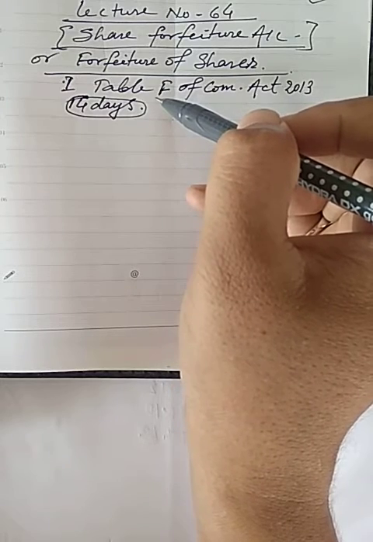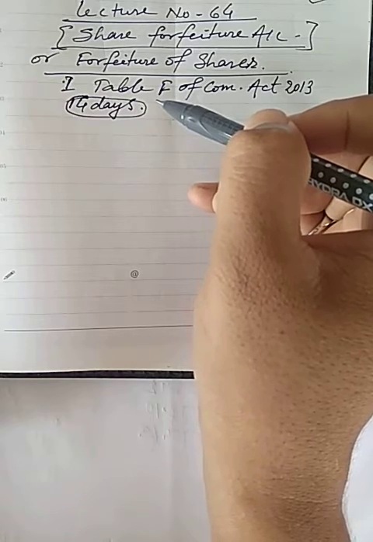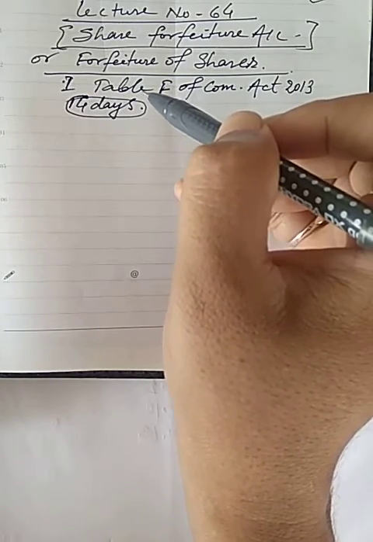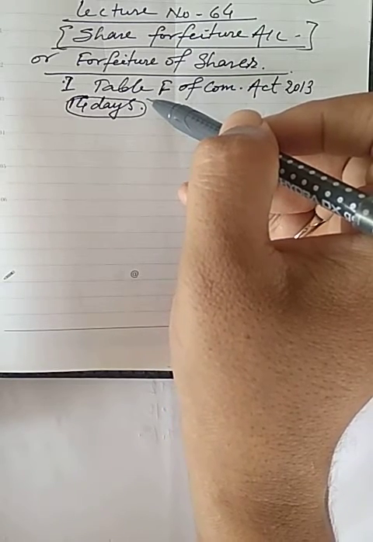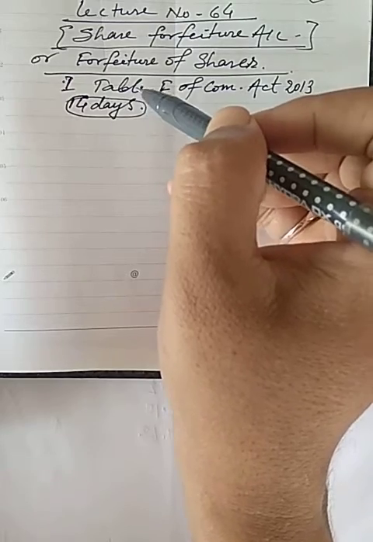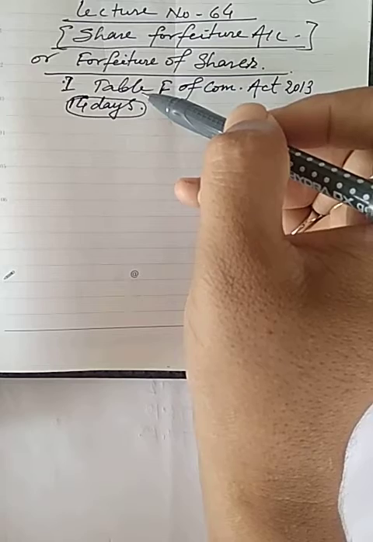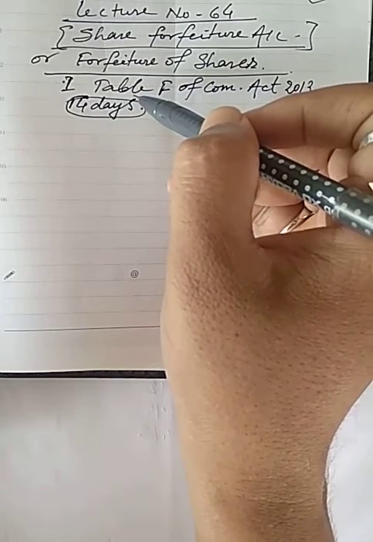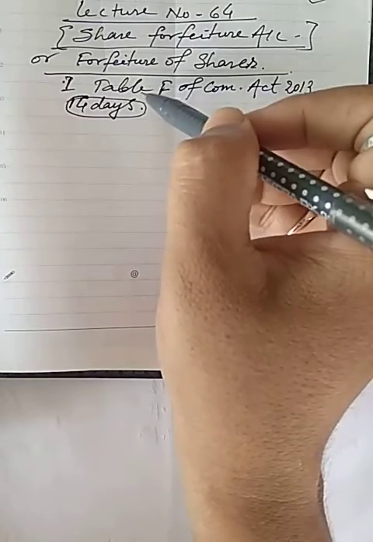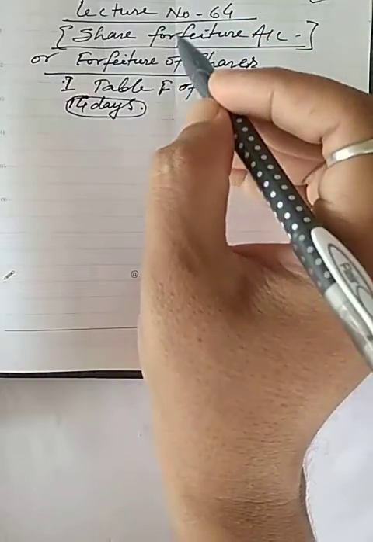After the forfeiture, the name of the shareholder is removed from the register of members. The amount already paid by him belongs to the company now and is not returned to him. So, this is the process of forfeiture of share.